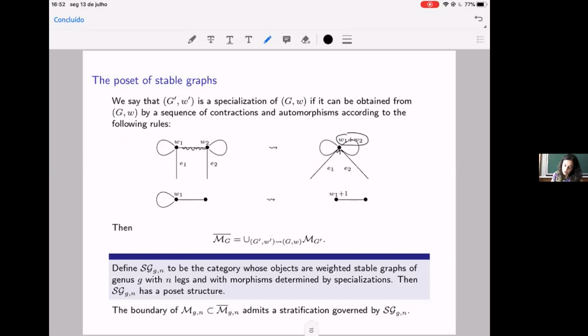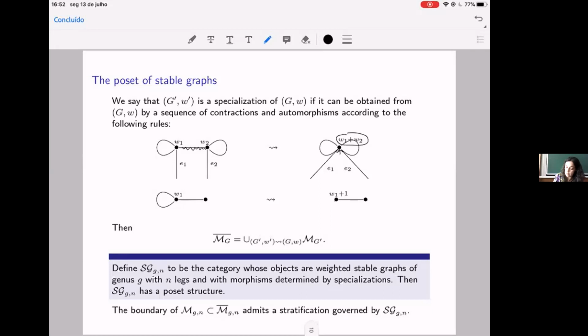The other situation that you could have is that you could contract a loop, as we saw in the previous example. Then in the contraction, you include the weight, and you increase the weight by 1 in order to encode the fact that you just contracted the loop.